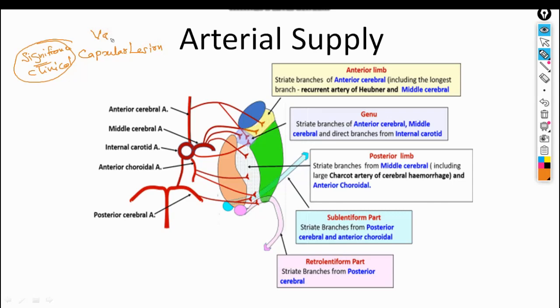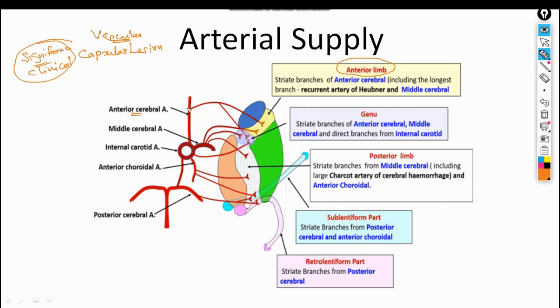They are vascular in origin. Now let's see the blood supply. The anterior limb of the internal capsule is supplied by the striate branch of the anterior cerebral artery.